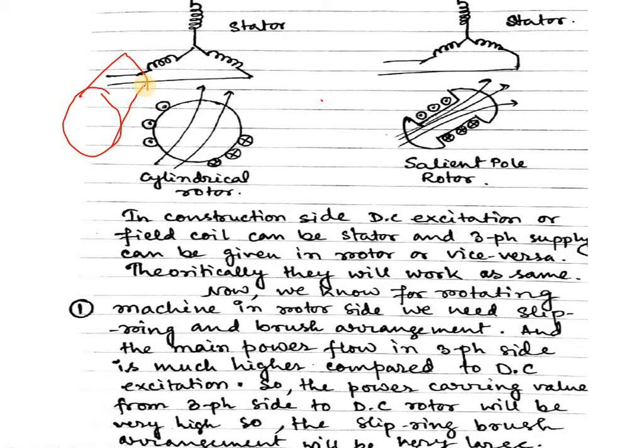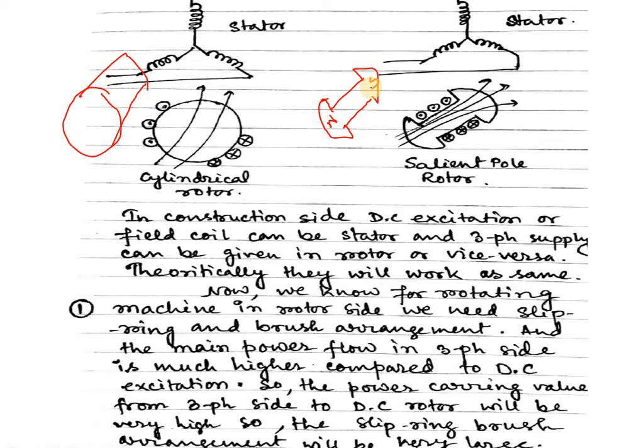So this is cylindrical, and in case of salient pole, the structure looks salient. That means the poles are projected outward like this. Both poles, suppose this is north pole, this is south pole, are projected outward.